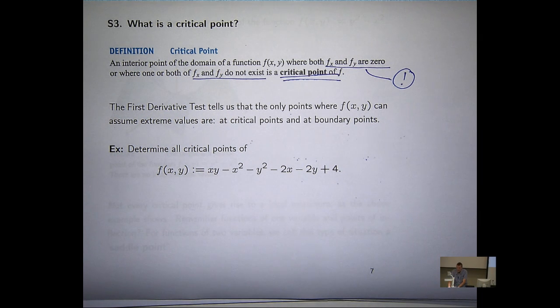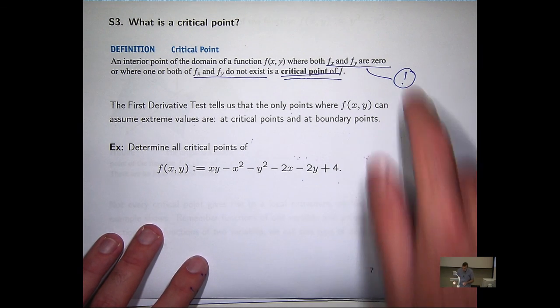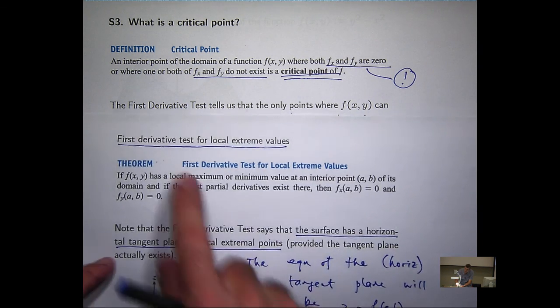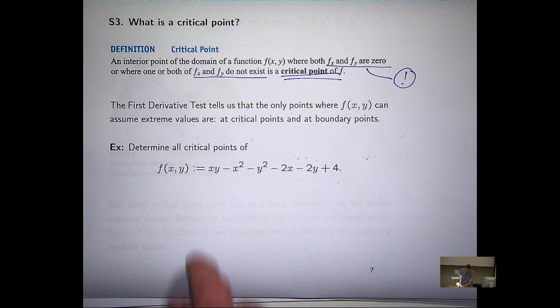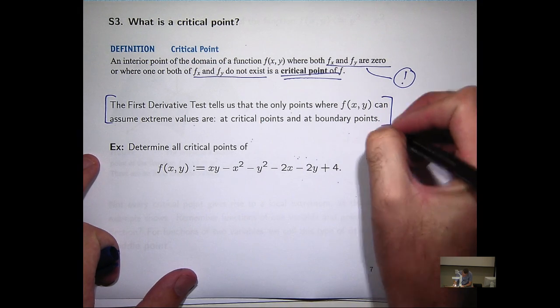We're not really going to spend much time considering the case where the partials don't exist. Okay, so from a practical point of view, this is important. Now, if we combine the first derivative test with our new definition of a critical point, then we can conclude the following.